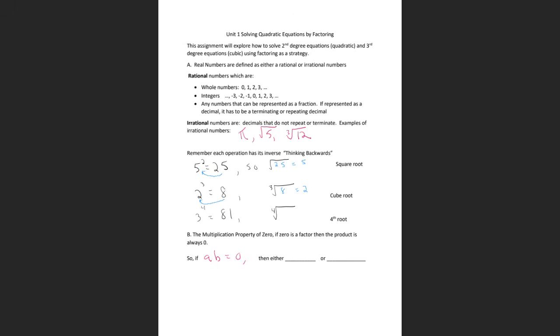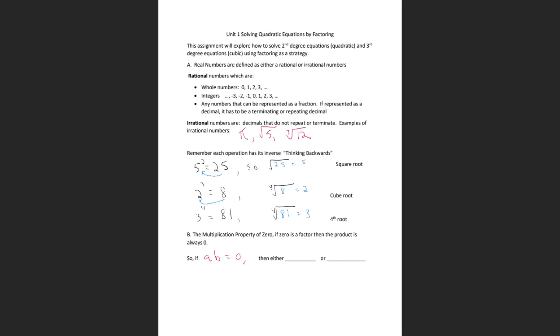So 3 to the 4th we know is 81, because 3 times 3 times 3 times 3 kind of means 9 times 9, which is 81. So this is the 4th root symbol. And if you take the 4th root of 81, that's going to take you back to the 3. All those symbols can be found in the calculator. We'll talk more about that as we move more into using the calculator.